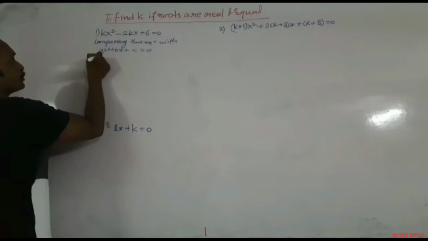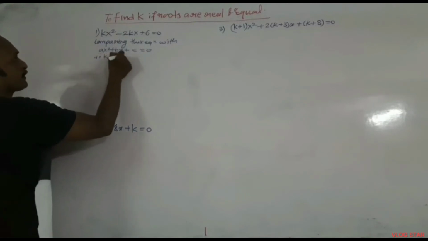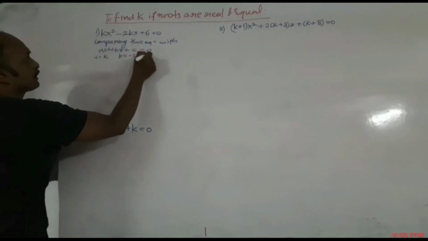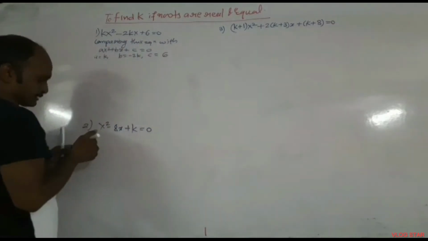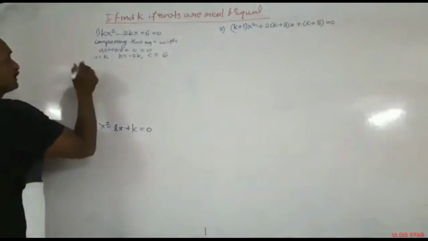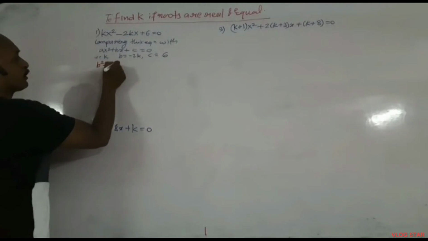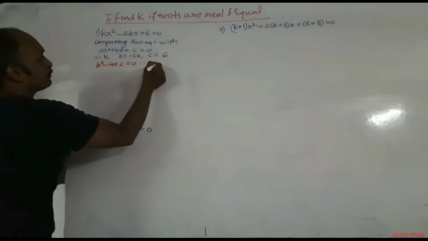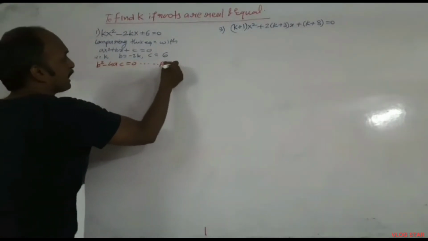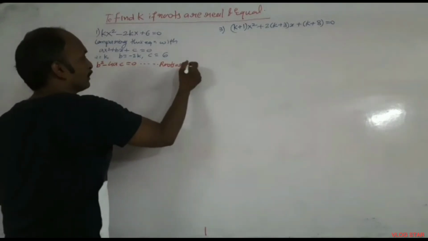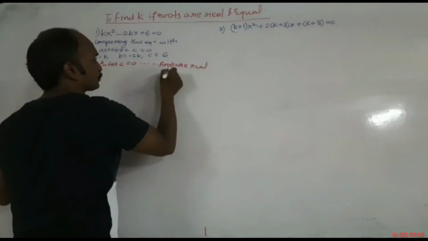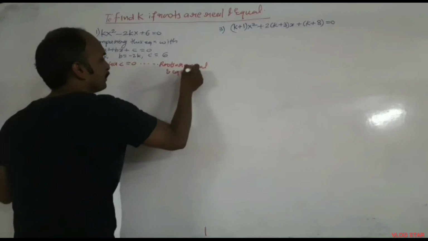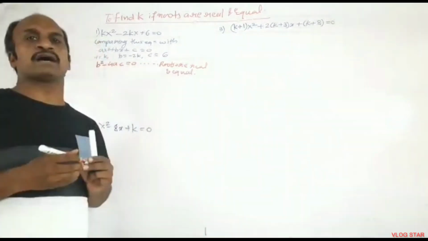You will get a is equal to k, b is equal to minus 2k, c is equal to 6. So we can write b square minus 4ac is equal to 0 because roots are real and equal. It is given roots are real and equal, so we can take b square minus 4ac as 0.